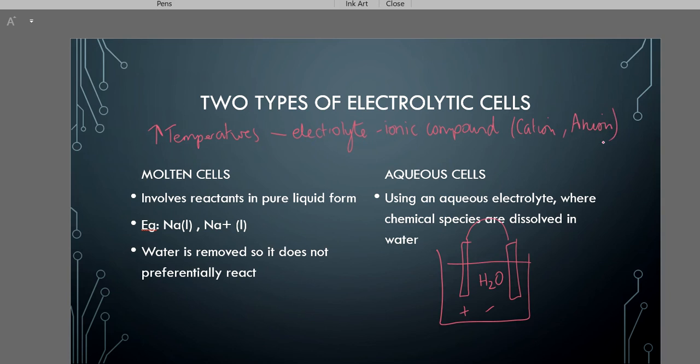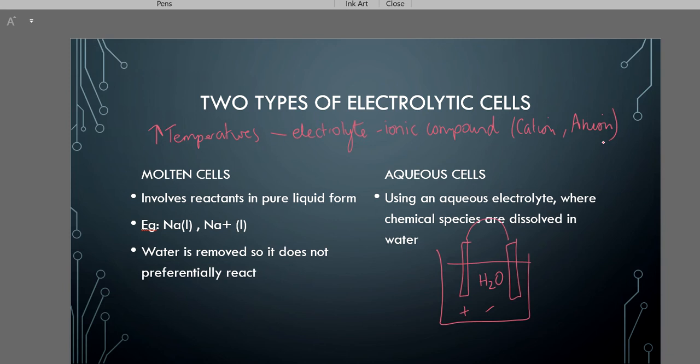Now, most ionic compounds at room temperature are solid crystal-like substances. Some of them require fairly large temperatures to actually melt the substance into a liquid. Same thing with metals.